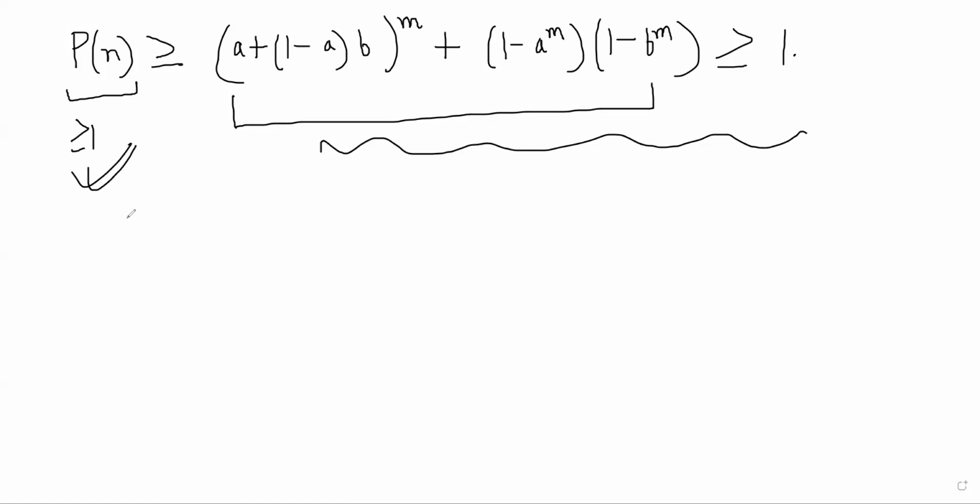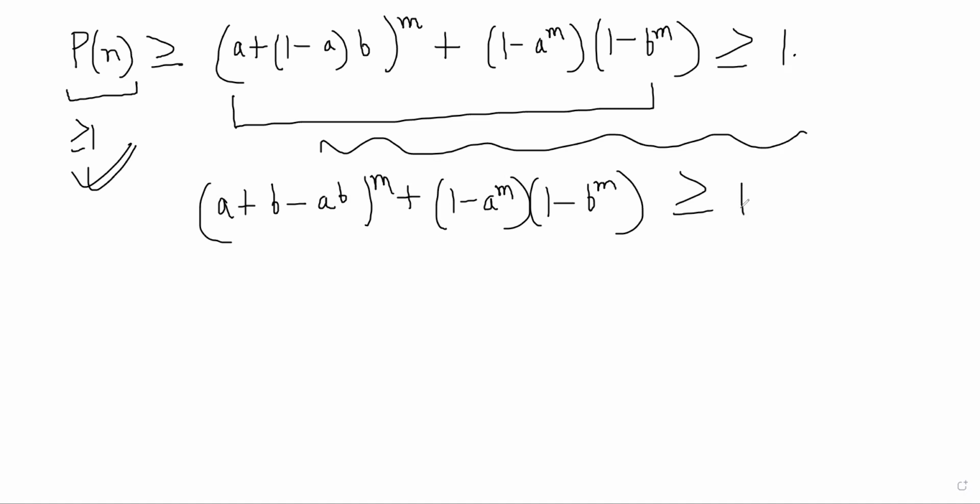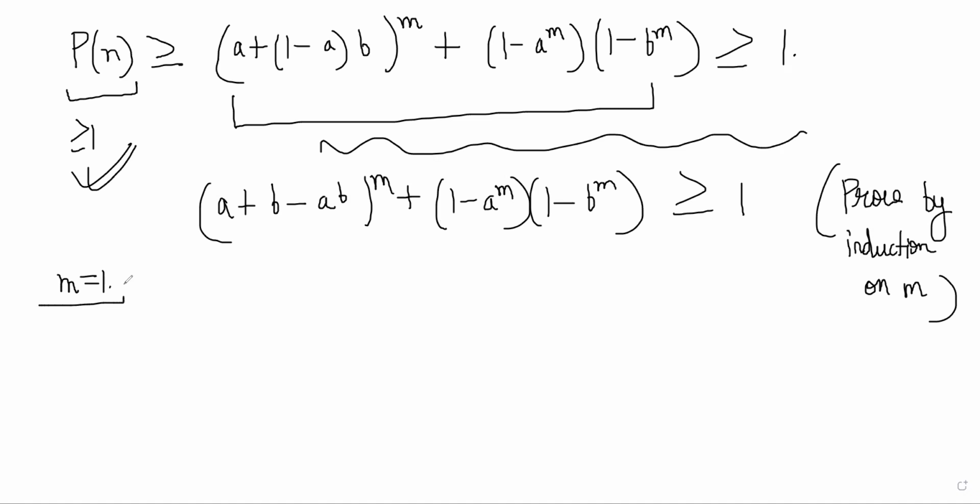So now we will basically apply induction on this. (A plus B minus AB) whole power m plus (1 minus A) to the power m, (1 minus B) to the power m greater than or equal to 1. We'll prove this by induction on m here in this state, right? So it is clearly valid for m is equal to 1. You can confirm that yourself. M is equal to 1, it will be valid.